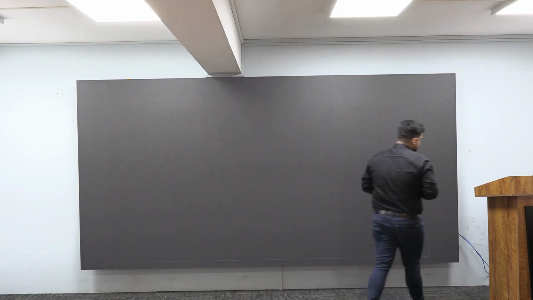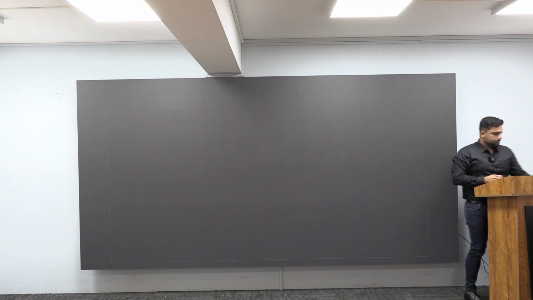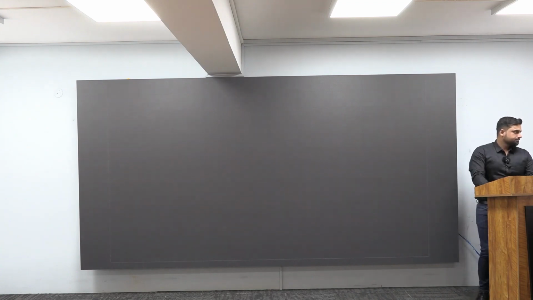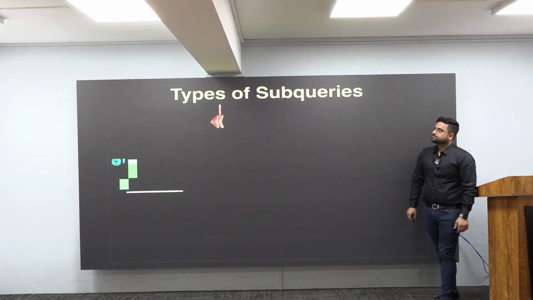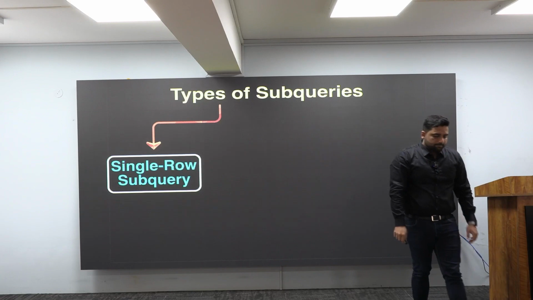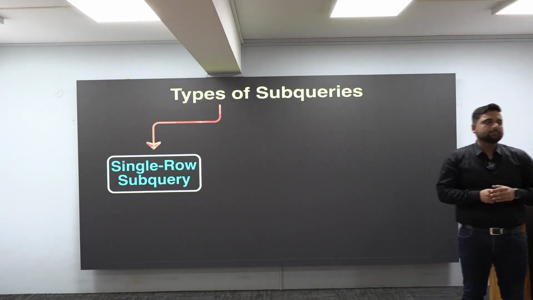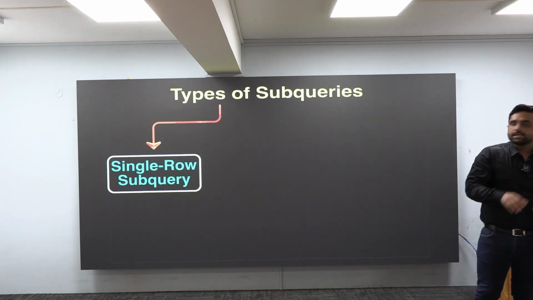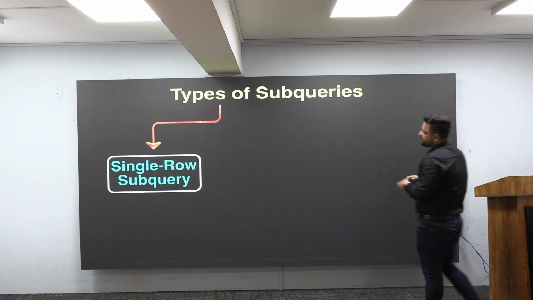So in today's session, we are going to understand about subqueries. And what is subqueries? Please try to focus. Before giving introduction about subqueries, we should know in how many categories it has been divided.